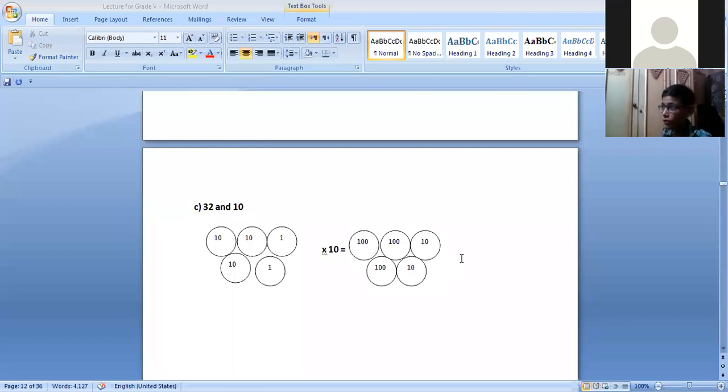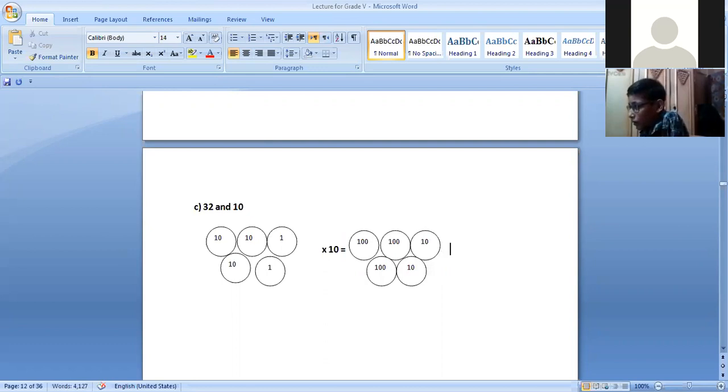Can you see the lecture on the screen? Okay, then add these numbers and tell me, add these numbers 100, 100 and 100. How many hundreds do we have? Add 100 plus 100, 200, 200 plus 100 is 300.